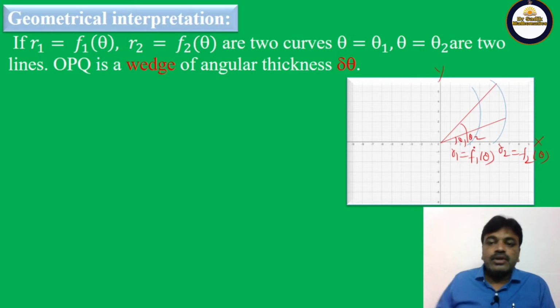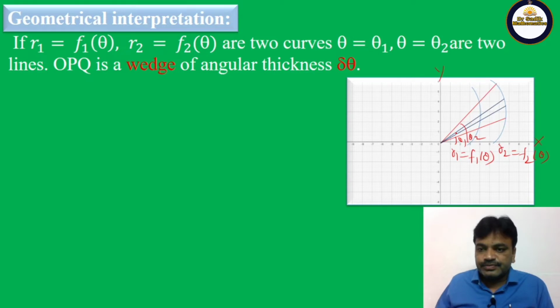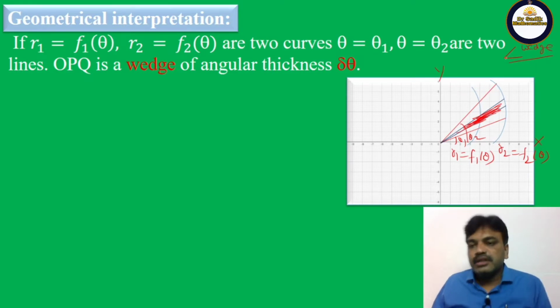Now, what it says here: OPQ is a wedge of angular thickness del theta. So you draw a wedge, friends. If you draw like this from the origin, it is called a wedge, when it starts from the origin.